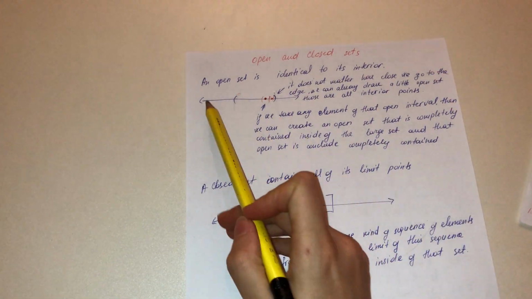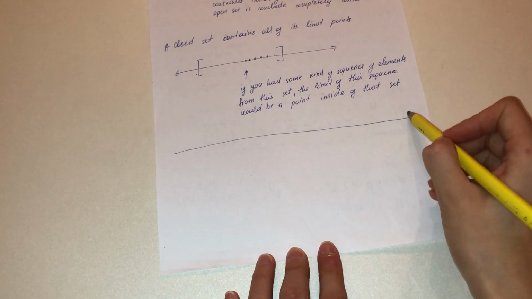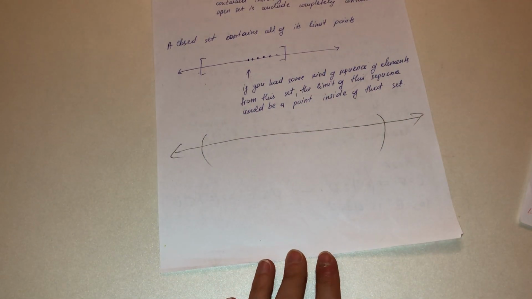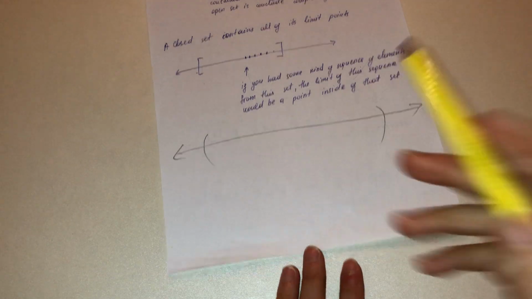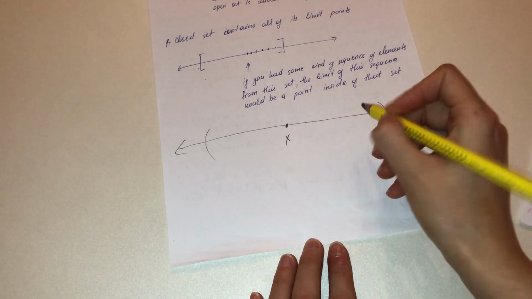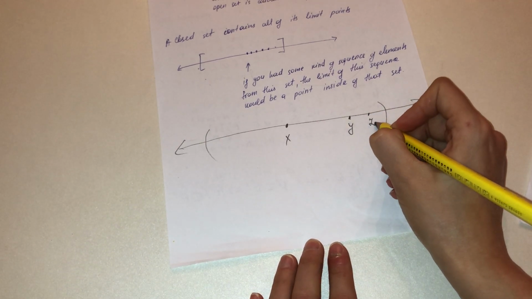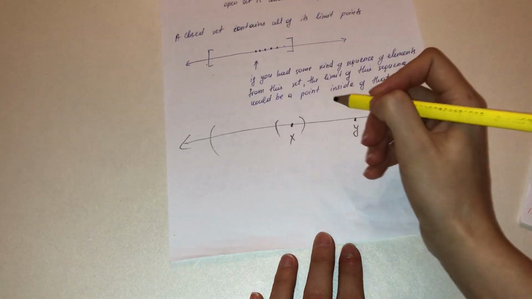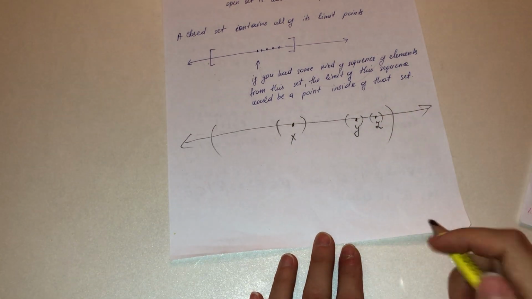What does it mean? Let's draw a line. This is a line, okay, and this is any set, any open set inside of the line, okay, and it doesn't matter where we take a point, it doesn't matter how close we go to the edge, we can always find an open set.